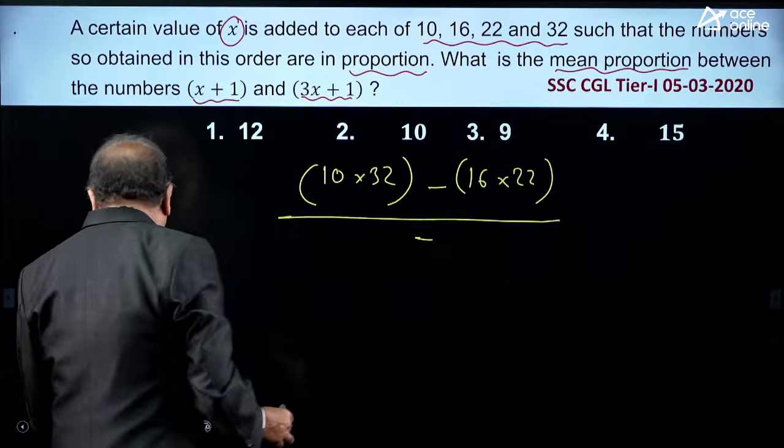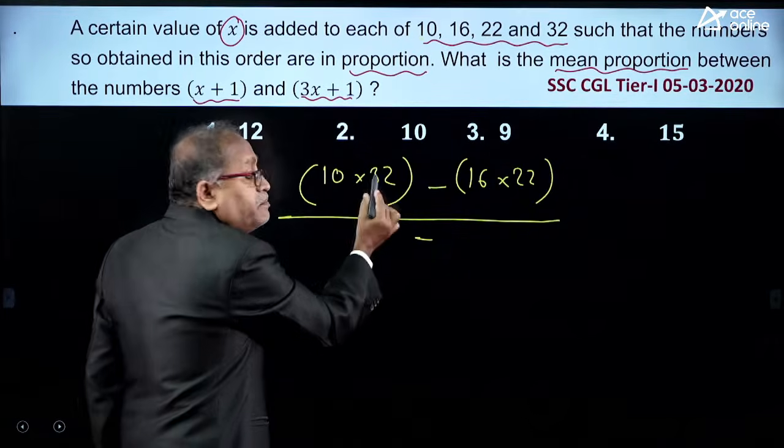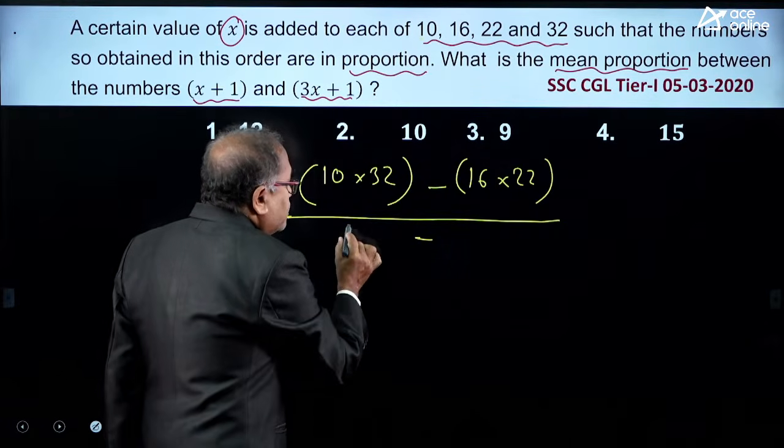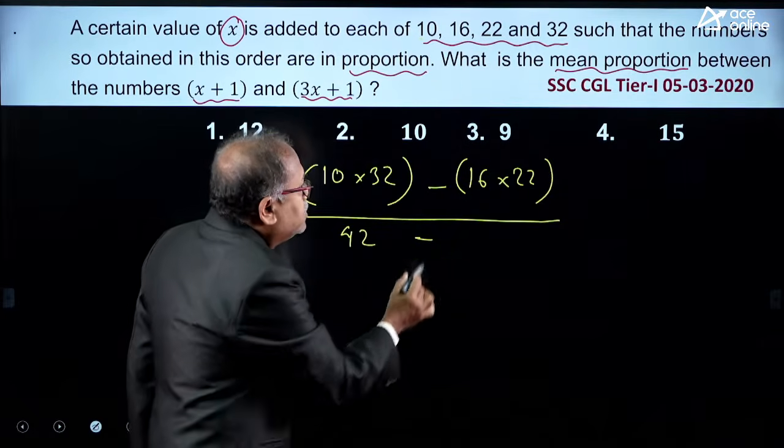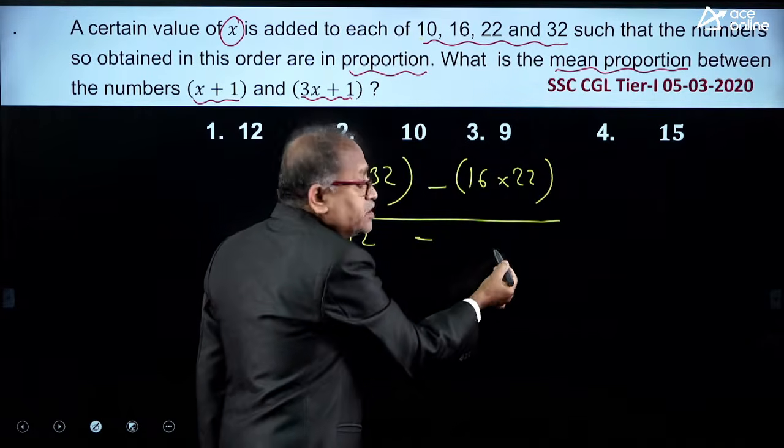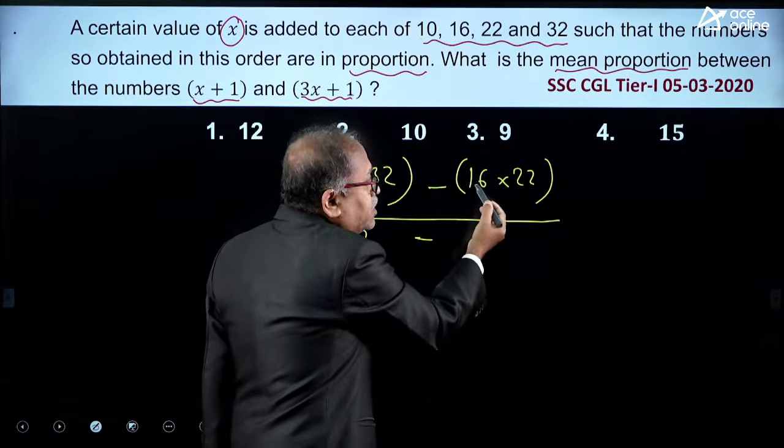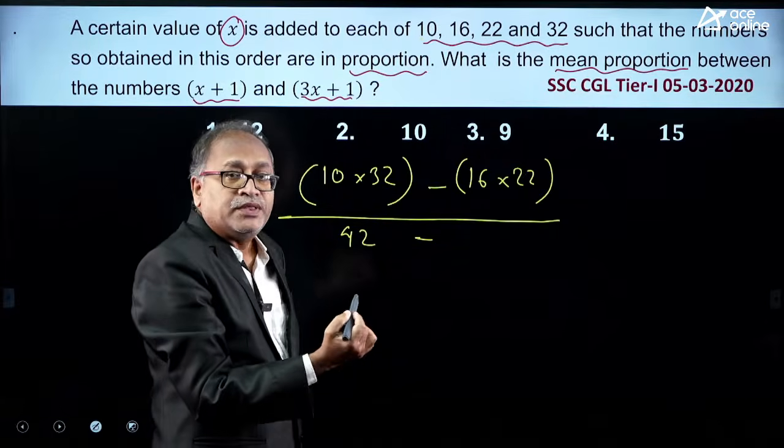So 10 plus 32, which is 42, and here in the denominator it is plus, right? So 16 plus 22 comes 38.